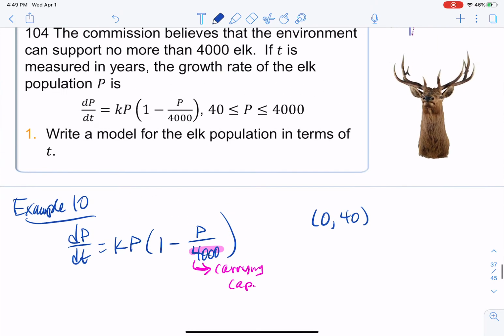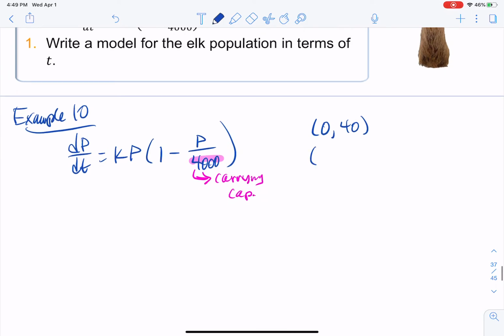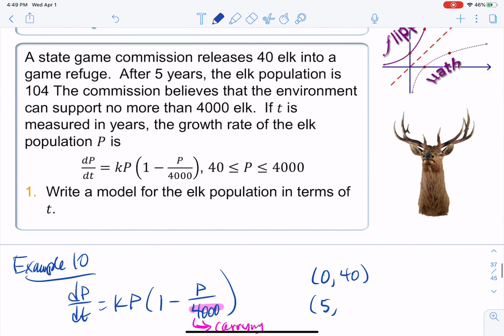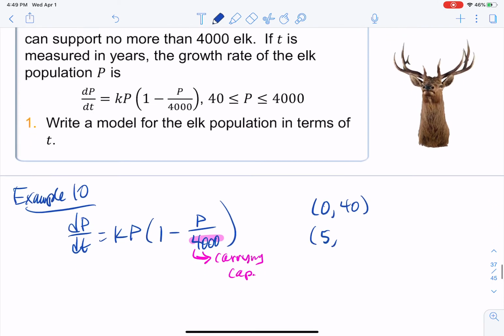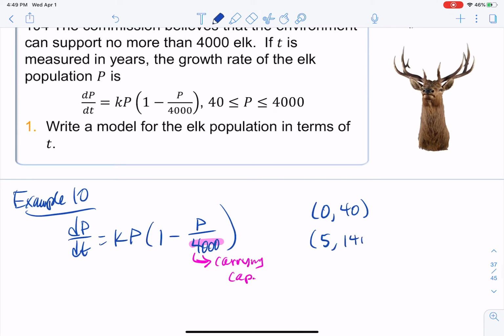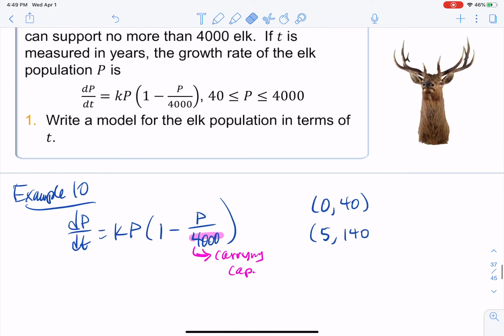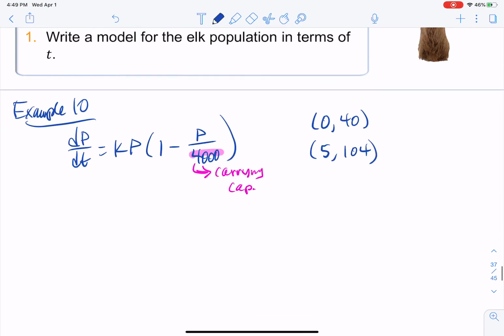I think it started with 40 elk, yes. And then 5 years later, not 5 days later. My gosh, that'd be fast. They're not rabbits. (5, 104). Let's go ahead and write our equation like we did in the previous question.